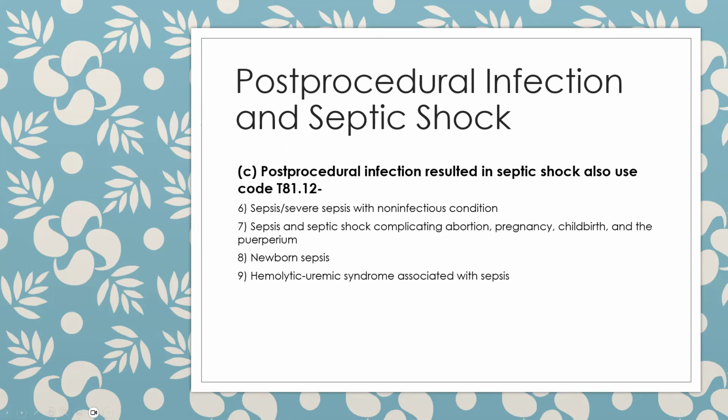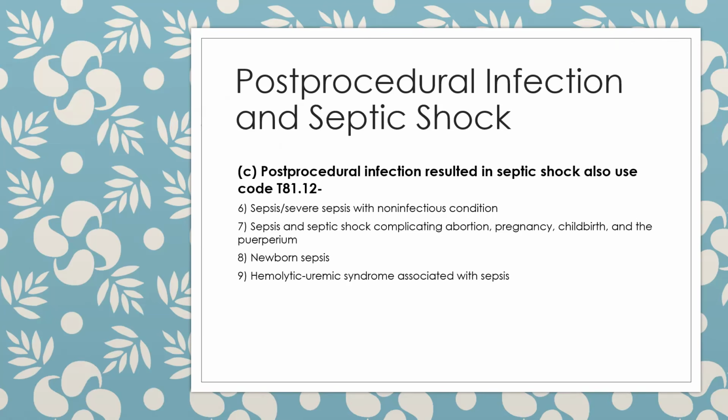When we have sepsis and septic shock complicating abortion, pregnancy, childbirth, and the puerperium, see section 1C15 for additional information. For newborn sepsis, see section 1C16.F for bacterial sepsis of a newborn.